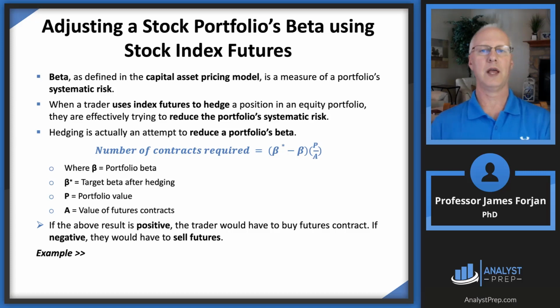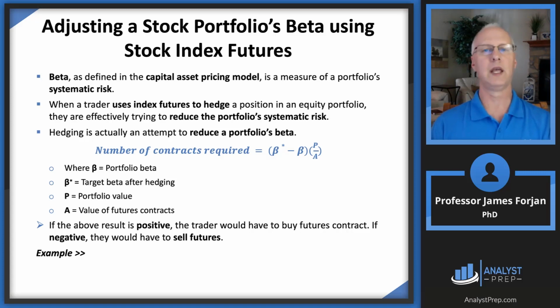So let's go ahead and decide how to change a stock portfolio's beta. This is specific to the learning objective that we talked about on that very first slide. Now, we should remember that beta is defined as the measure of a portfolio's systematic risk. Remember how I defined systematic risk.